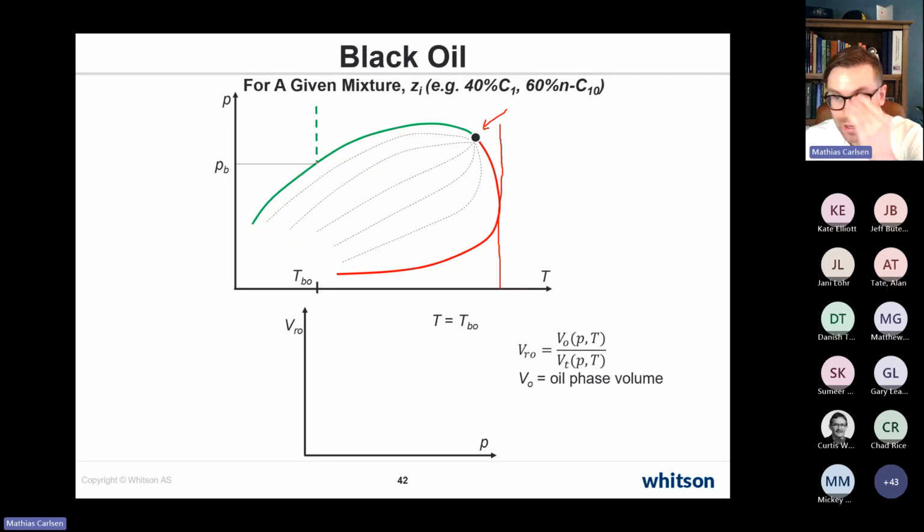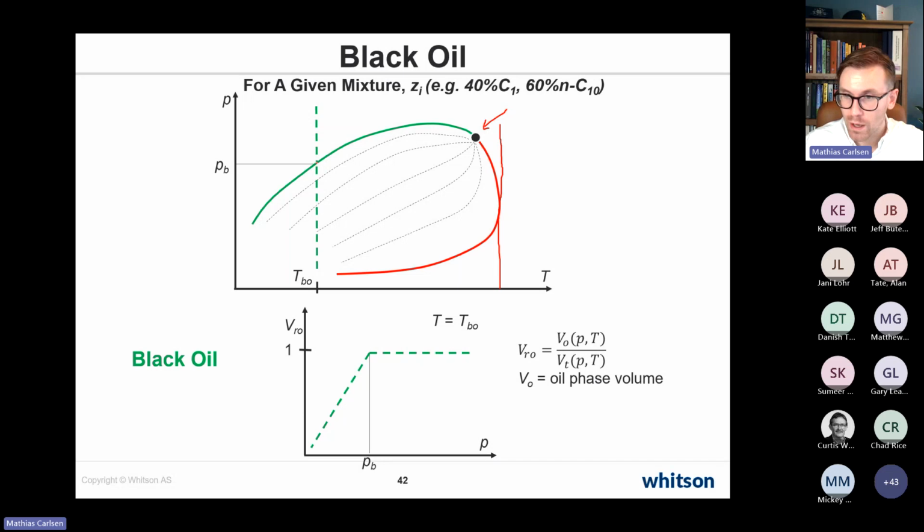If you look at a liquid relative volume curve, which you're looking at here at the bottom of the screen, the liquid relative volume is 1 above the saturation pressure. As you go below the saturation pressure, that number becomes smaller and smaller because a lot of it is becoming gas. And that's a pretty linear relationship for a black oil.